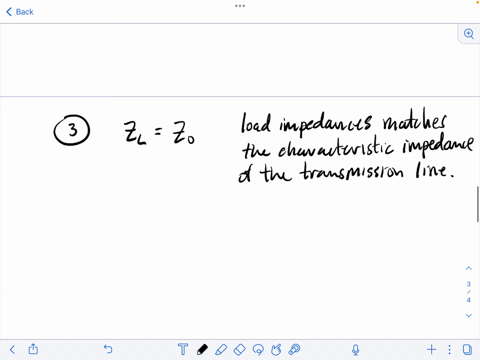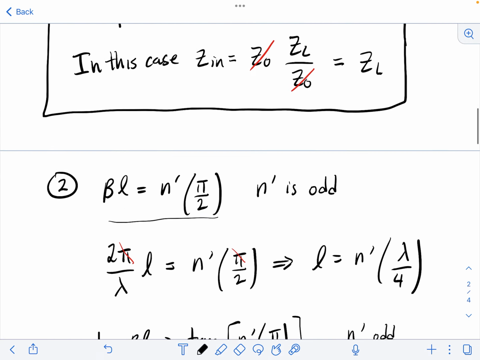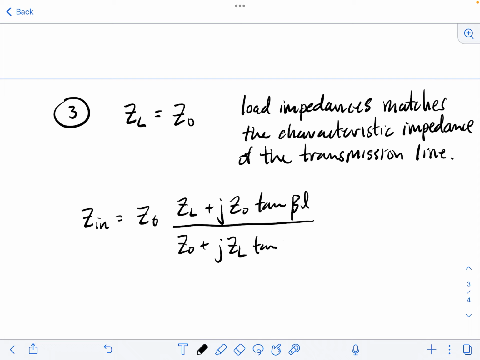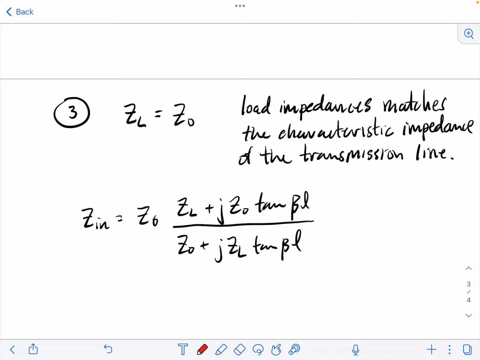Okay, so Zn is equal to Z0, and let's see, it's ZL plus JZ0 tan beta L divided by Z0 plus JZL tan beta L. Well, what we're going to do is take the load impedance and set that to be Z0 in both the numerator and the denominator.